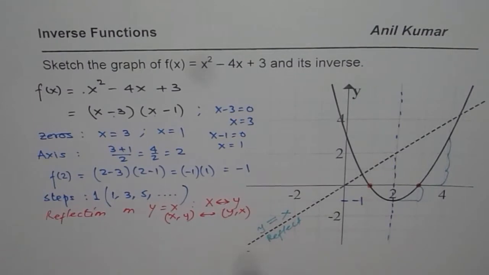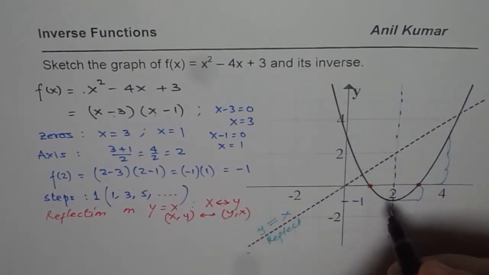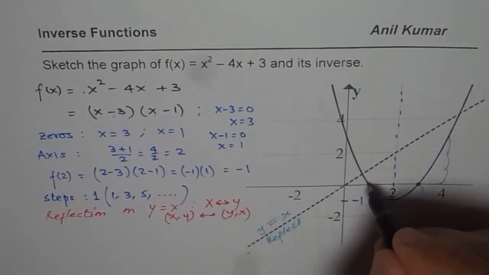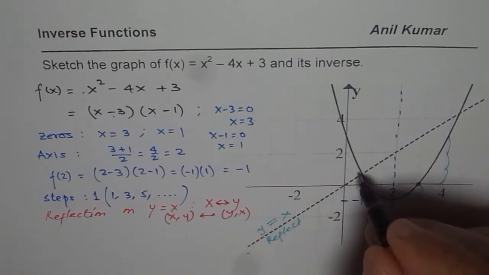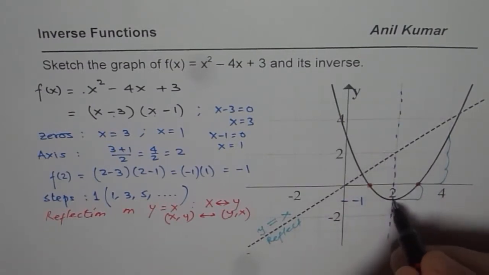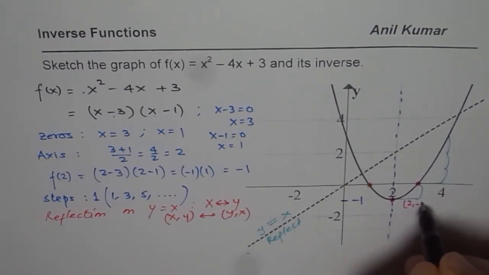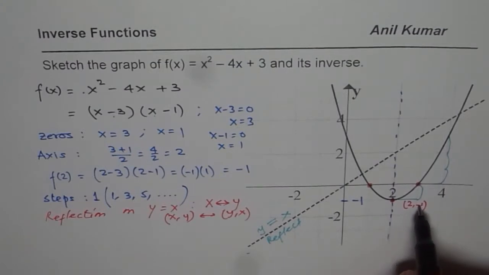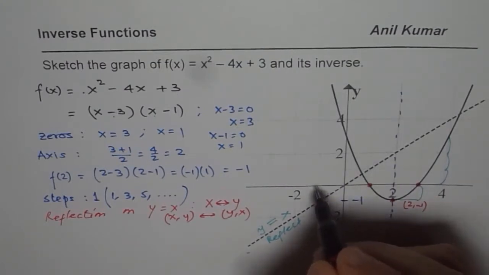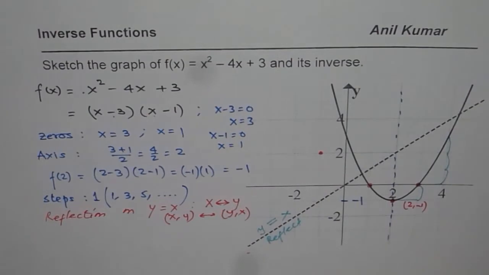That's the whole idea. So let's go one by one, or you can go diagonally and get the points. Let's look at the vertex first. This point is (2, minus 1). It becomes (minus 1, 2). So that comes at this position.